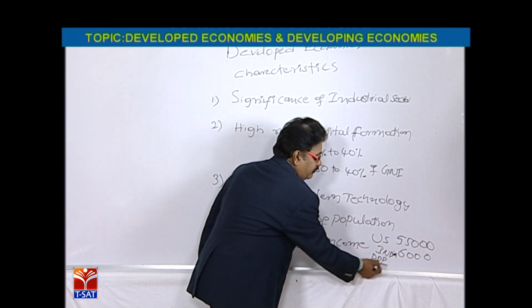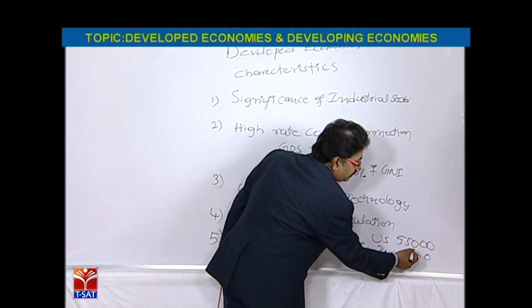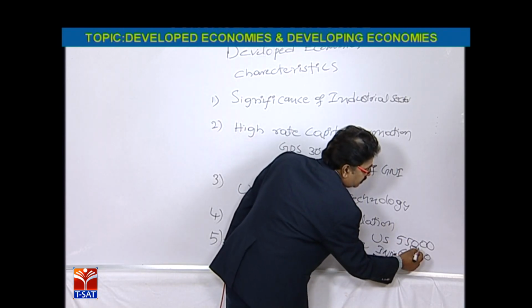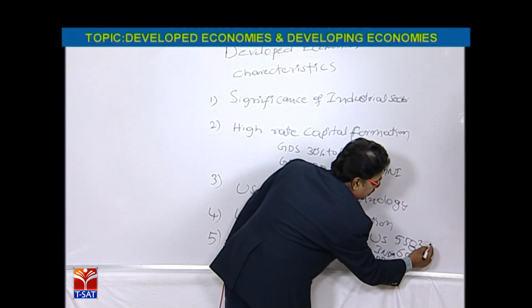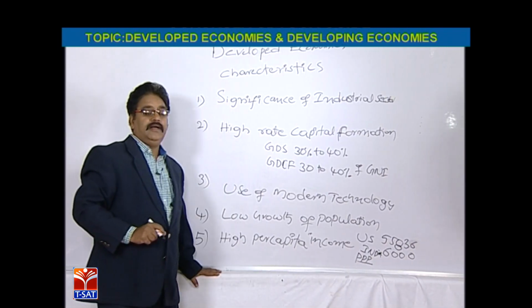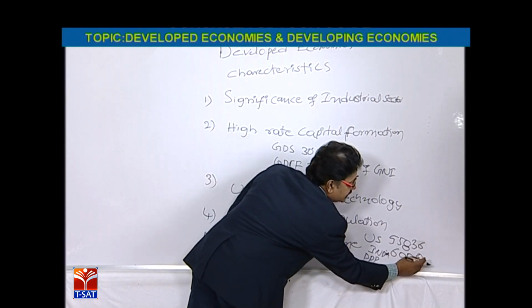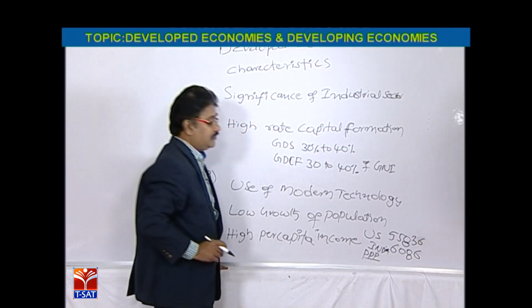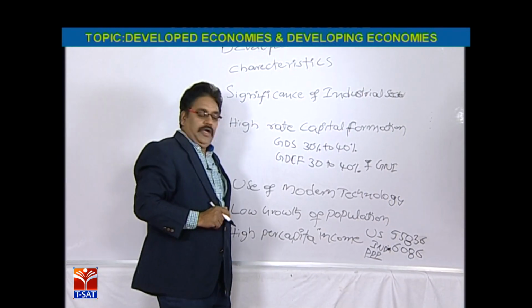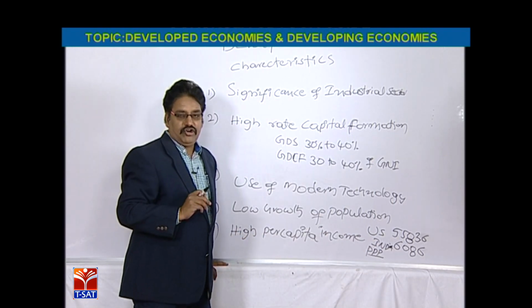According to purchasing power parity, US per capita income is $55,836, exactly, and India's per capita income is $6,086. This is what we observe in developed economies.